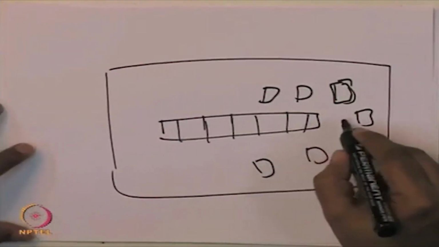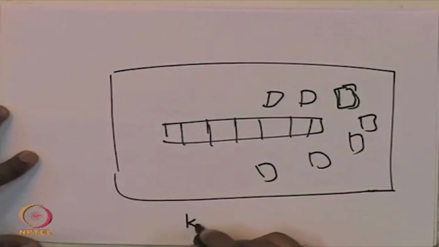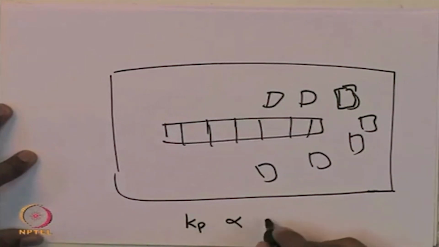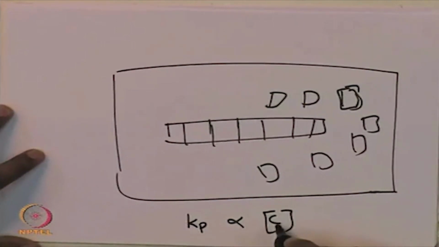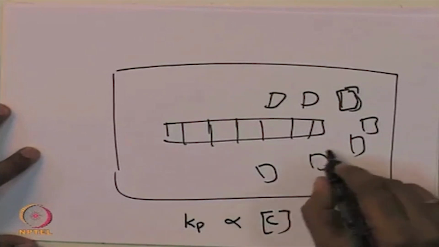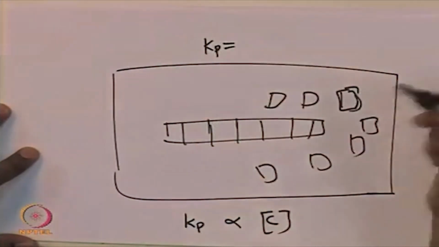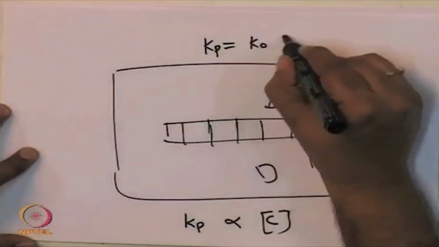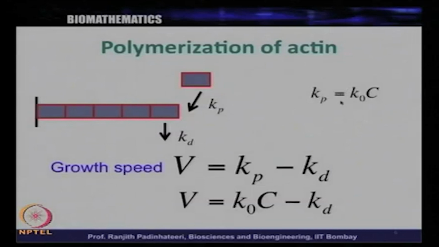If there are a lot of free monomers, it will polymerize faster. So, the polymerization rate is proportional to the concentration of free monomers. I represent the concentration as C, where C is the concentration of free monomers. So, I can write Kp, the polymerization rate, as some constant K0 times the concentration of free monomers. That is what is written here: Kp is K0 times C.